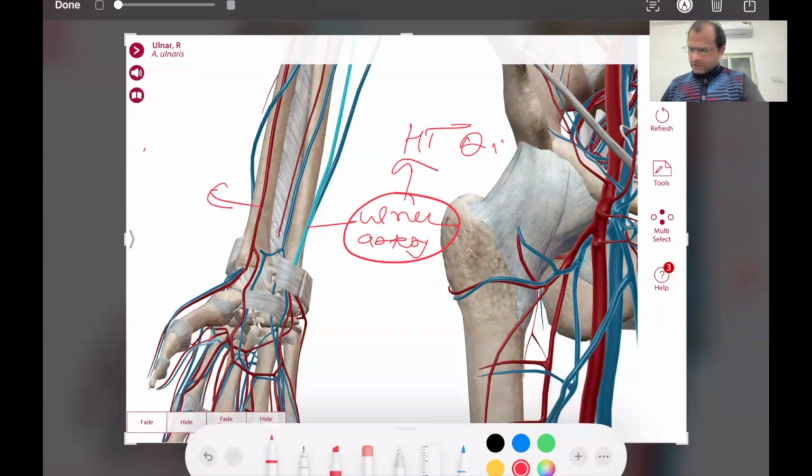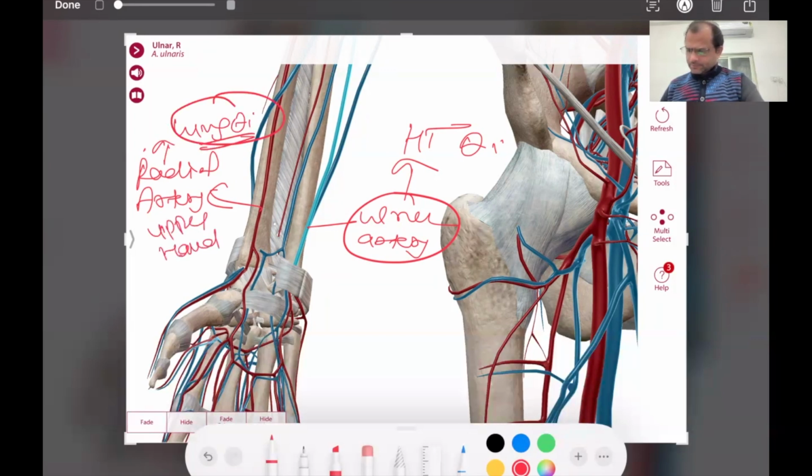And here we were checking the radial artery, which we are checking for the lung chi, or we call it the upper hand pulse. The middle hand will be LI4 and the lower hand pulse, heart chi.